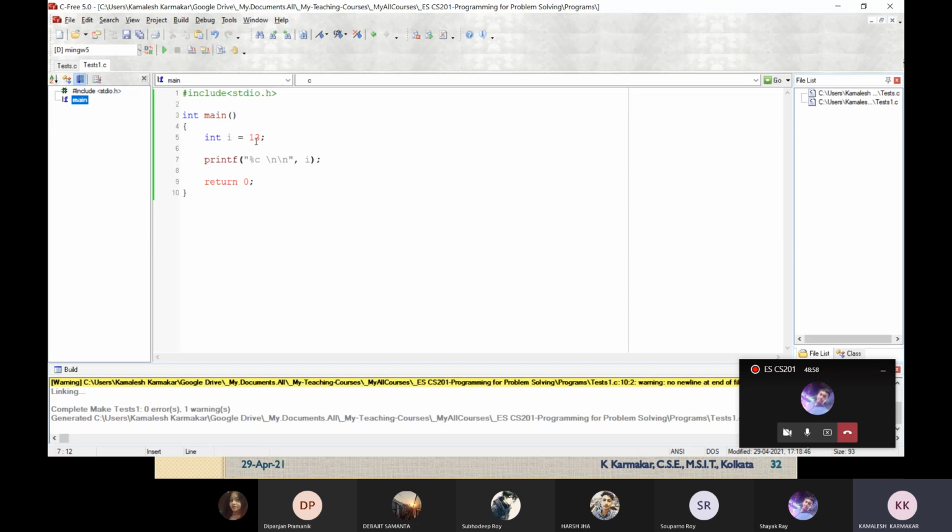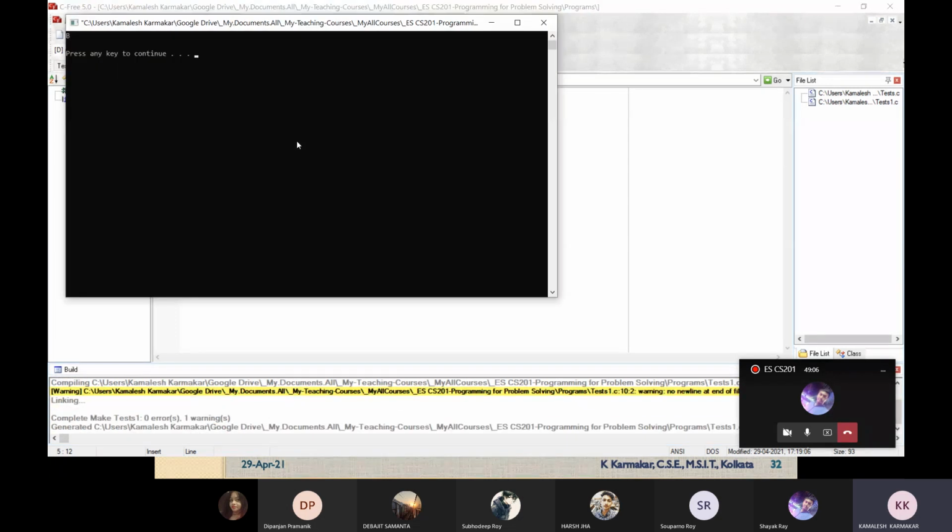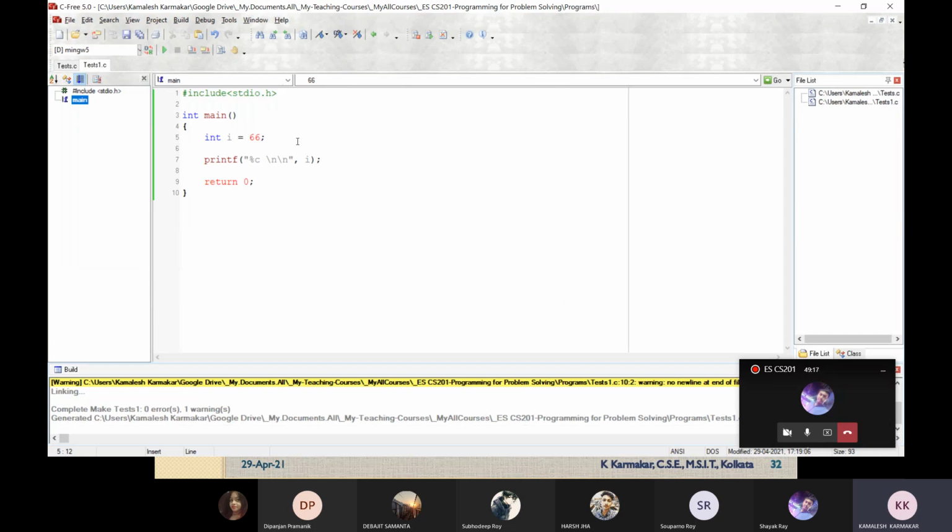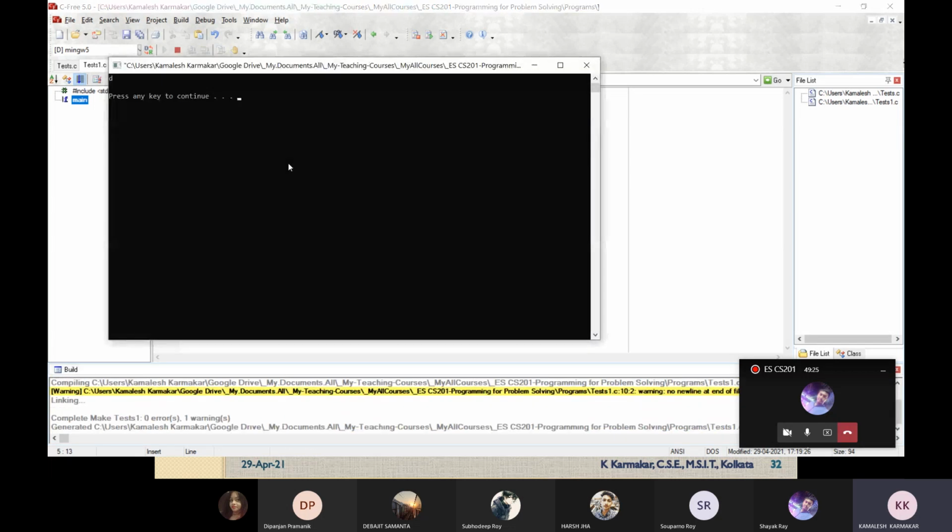Oh, okay, let me write it as 66. i equals 66, and I want to print %c. Yeah, it's a capital B, because 65 is capital A, 66 is capital B. If I use 100, lowercase starts from 97, so it will be small d.